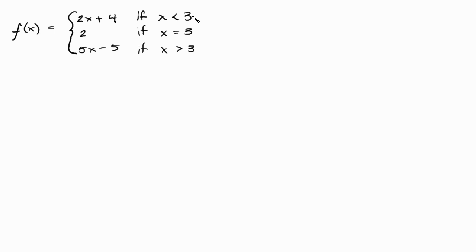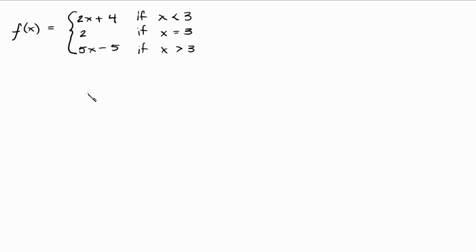But look, it looks like you're dealing with something less than 3, something greater than 3, and something equaling 3. Okay? So what we want to do is we want to figure out what the limit of this function is as x approaches 3. So we're interested in what's happening on the left of 3 and to the right of 3.